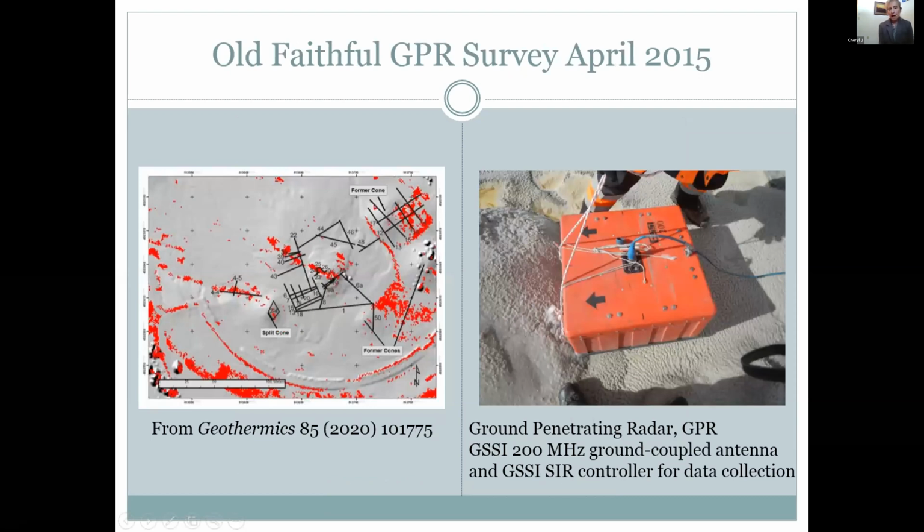You'll also notice on the LiDAR base map that there are numerous cones: Old Faithful Geyser cone, Split Cone, and other former geyser cones. And it was in one of the former geyser cones that you could see the heat pattern. And of course, that area does not accumulate snow in the winter.